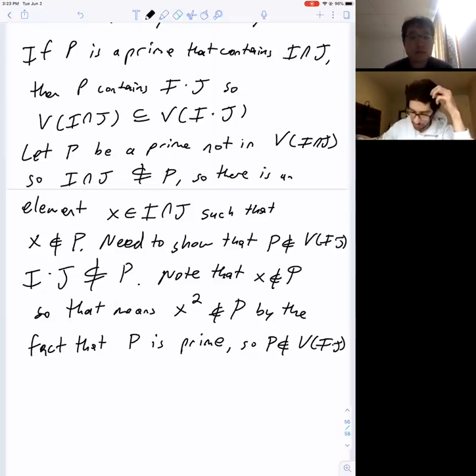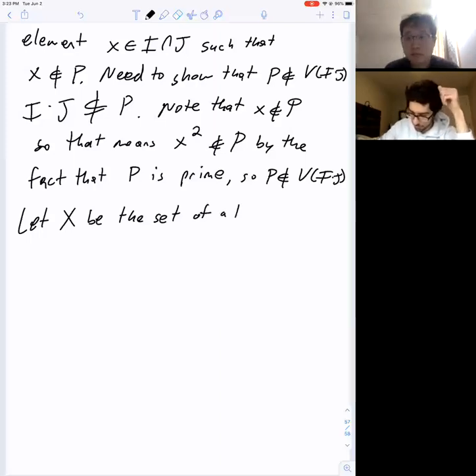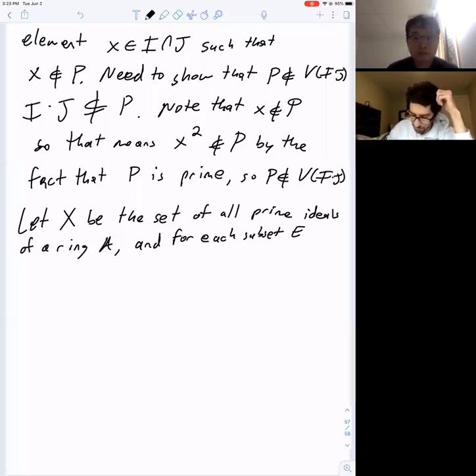So let X be the set of all prime ideals of a ring, of a ring A, let's say, and for each subset E of A, define V of E as above.